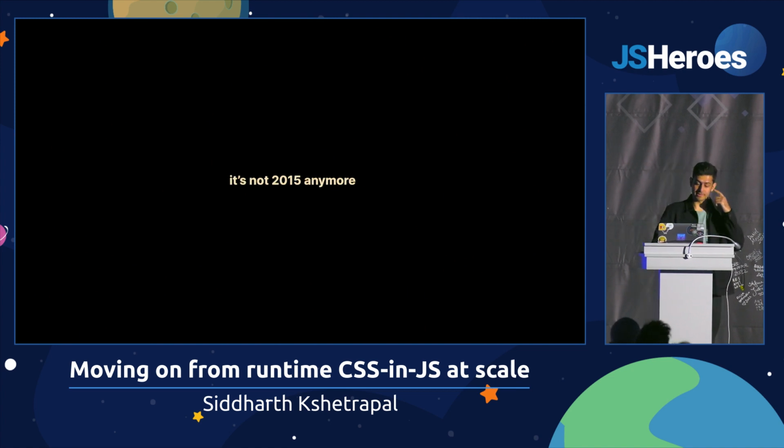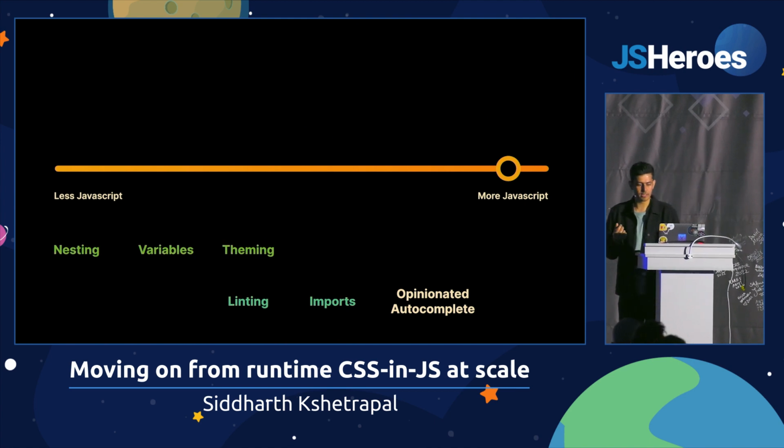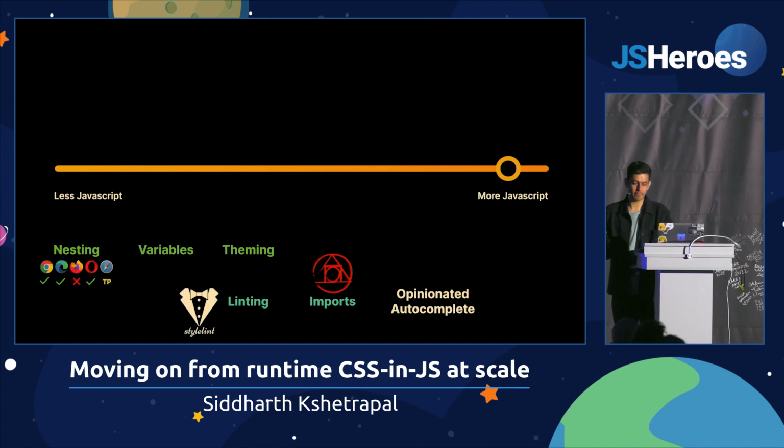And also I have to acknowledge that it's not 2015 anymore. So a lot of these features are now natively supported. So variables, theming, CSS variables kind of changed the game. CSS nesting is actually supported in a lot of browsers. I didn't realize this until I was making the slides, that it's almost here. We're just waiting for Firefox, which is ironic, because Firefox was the first one to start the wave of this new CSS.